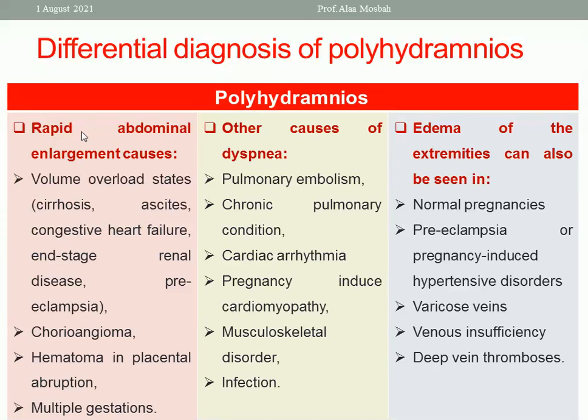Also chorioangioma, and hematoma in the placenta in case of placental abruption. Also multiple gestation. As regards the causes of dyspnea, they may be pulmonary embolism, cardiac arrhythmia, chronic pulmonary conditions, infection, pregnancy-induced cardiomyopathy, musculoskeletal disorder. As regards edema of the extremities, it may occur normally in normal pregnancy, also in preeclampsia or pregnancy-induced hypertension, and in venous insufficiency, varicose veins, and deep venous thrombosis.